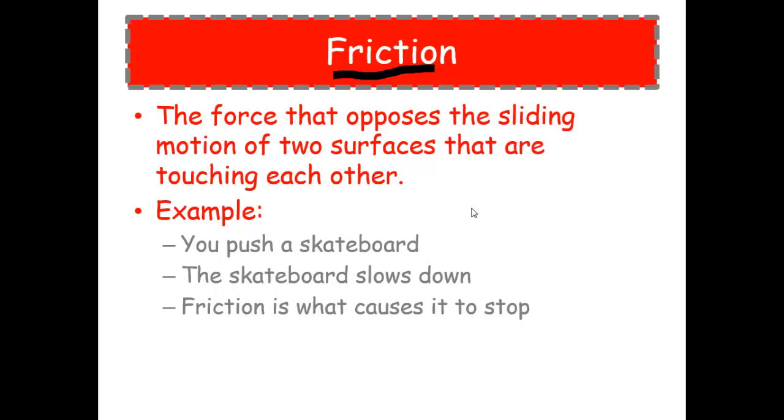If you have an object and allow it to move, for example a skateboard, eventually the skateboard is going to slow down. If I push a skateboard in the classroom and give it a little push, eventually it's going to slow down and stop. Why? Because of friction. Friction is eventually going to cause it to slow down and stop. It won't roll forever.